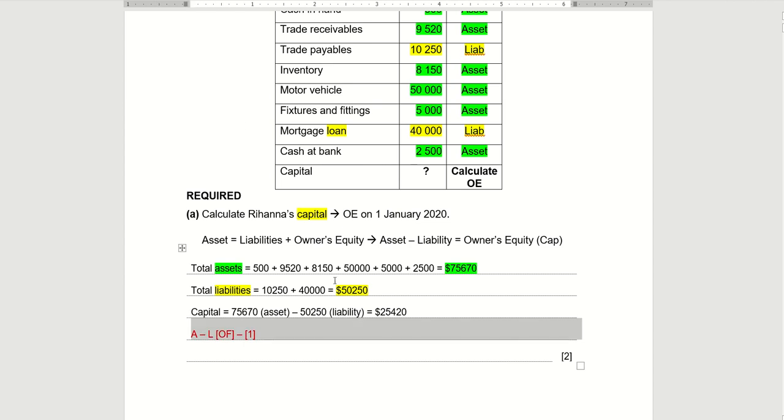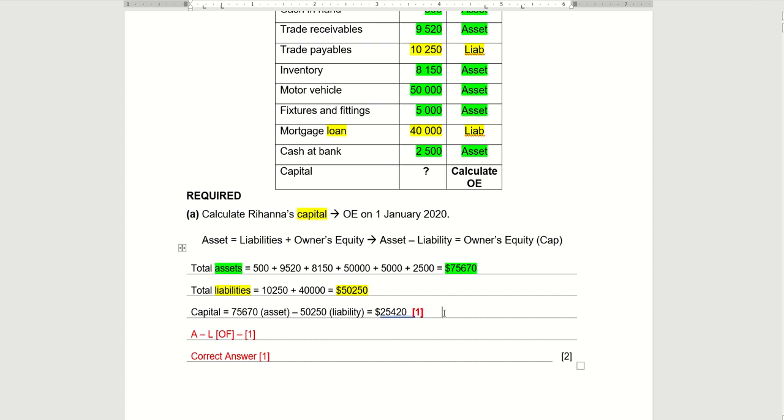In this case, if you have calculated your liability correctly or your asset correctly, I give you 1 mark. If you have calculated the final amount correctly, 1 mark. So 1 mark to get the final amount correct, and 1 mark if you calculated asset or liability correctly.